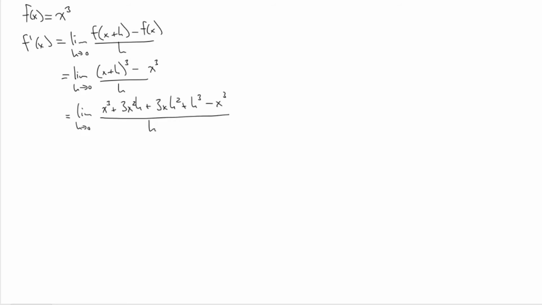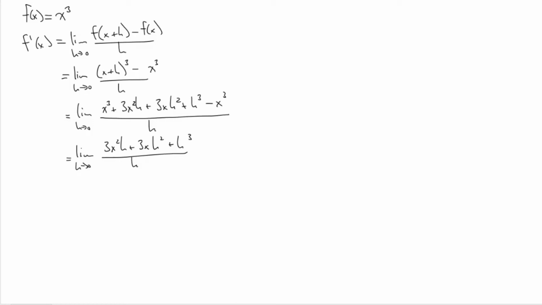Turns out that x plus h cubed is x cubed plus 3x squared h plus 3xh squared plus h cubed, whether you work that out carefully by hand or use Pascal's triangle. Beautiful things happen. You can see that the x cubeds cancel. And now we're in great shape because everything left in the numerator has an h in it.